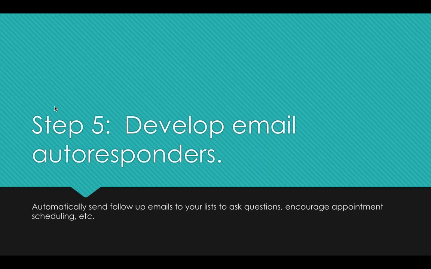When someone downloads that guide, your first autoresponder is thank you, kind of an introduction autoresponder, and it actually delivers that guide to them so that they can download it. Then I recommend doing 2 or 3 follow-ups after that where you want to find out, hey, did you read it? Do you have any questions? What are your thoughts? And then your final email, you really want to ask them to make an appointment.